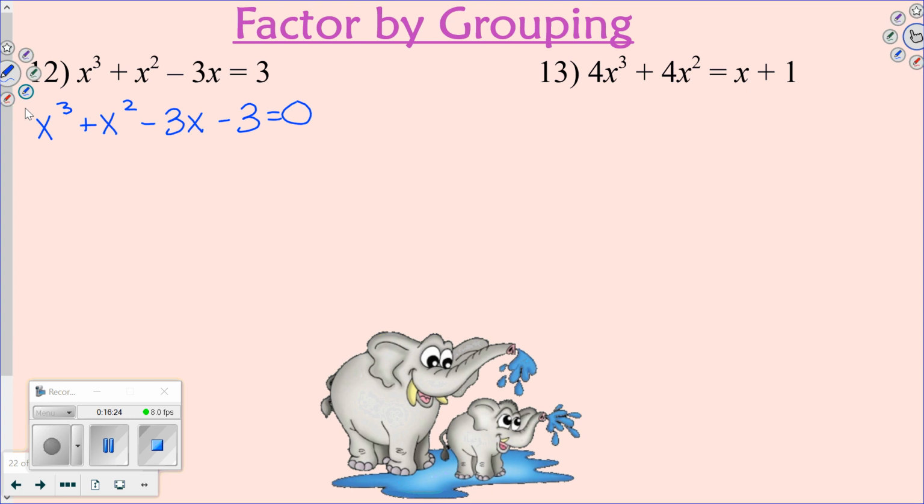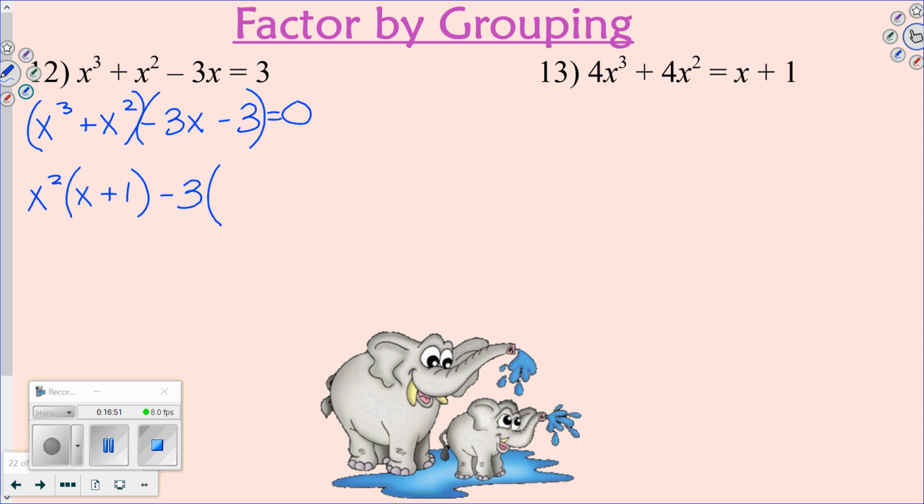All right. So set it equal to 0. I have 4 terms. That means it is grouping. So I'm going to group the first 2, group the last 2. What is the GCF in the first set? x squared. So I factor that out. We get x plus 1. GCF in the second set? Negative 3.